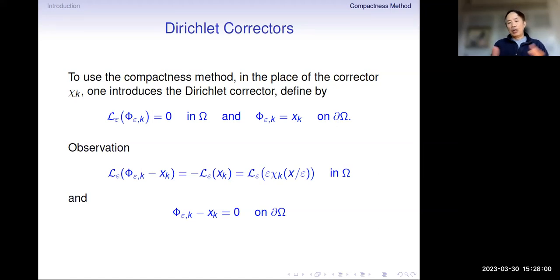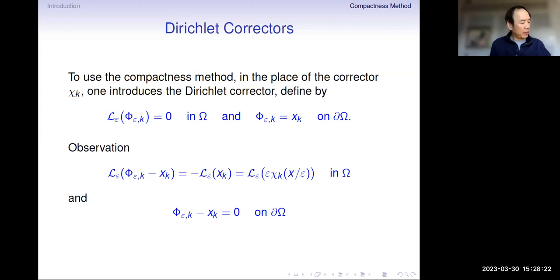Okay, so imagine if your coefficient is a constant, then the linear function is just a solution. But if you have general variable coefficients, the linear function is not a solution. So you have to do something else there.